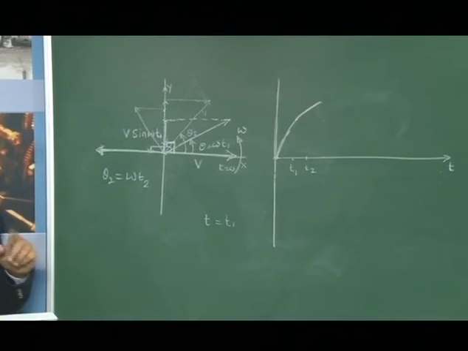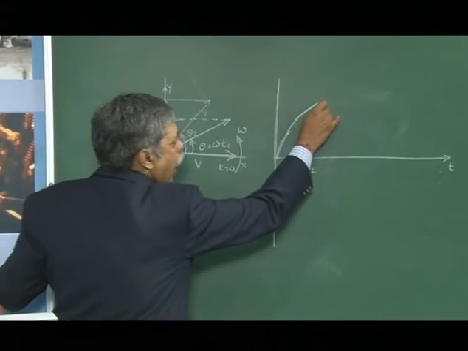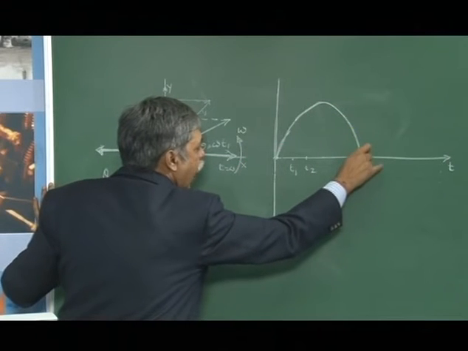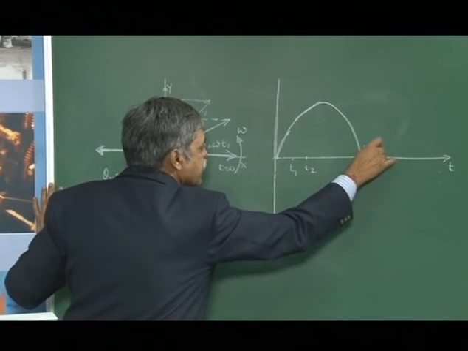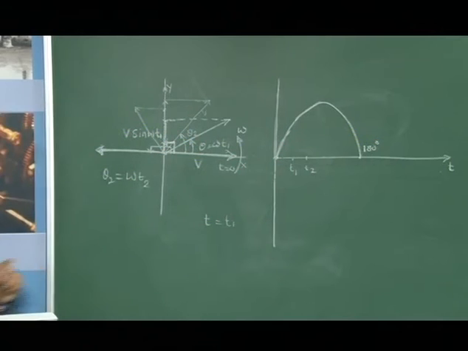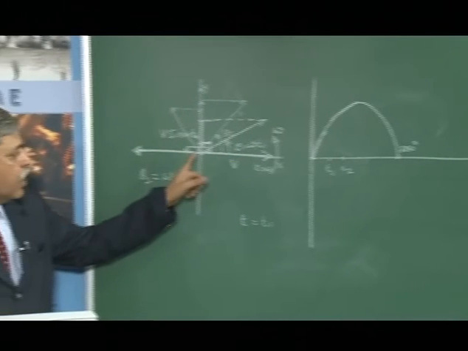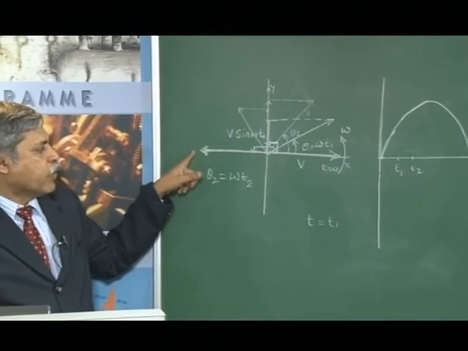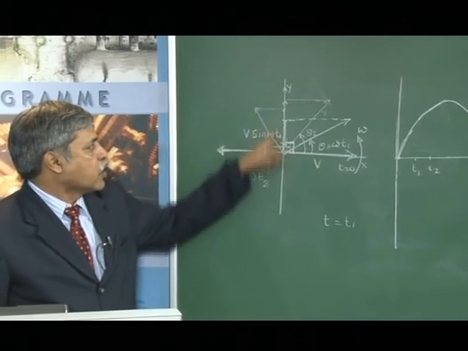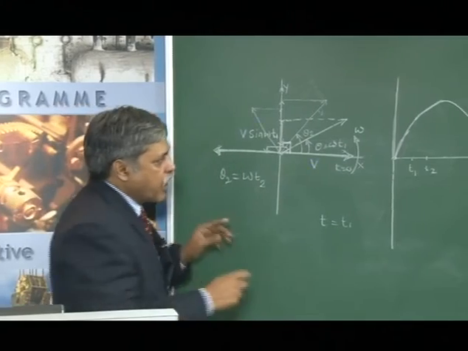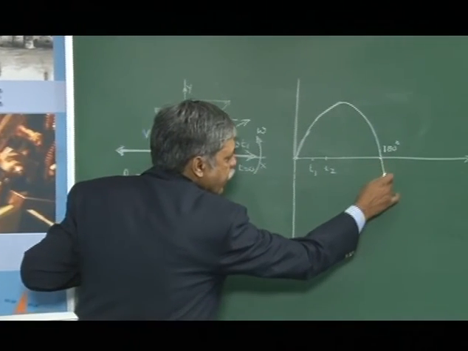Further increase in the angle, I get a reduction here. Now I move the vector by 180 degrees or pi radians. When I move it by 180, my vector will be on the negative real axis, therefore the projection on the vertical axis of this vector will be 0. Further rotation, I am getting a negative half cycle.